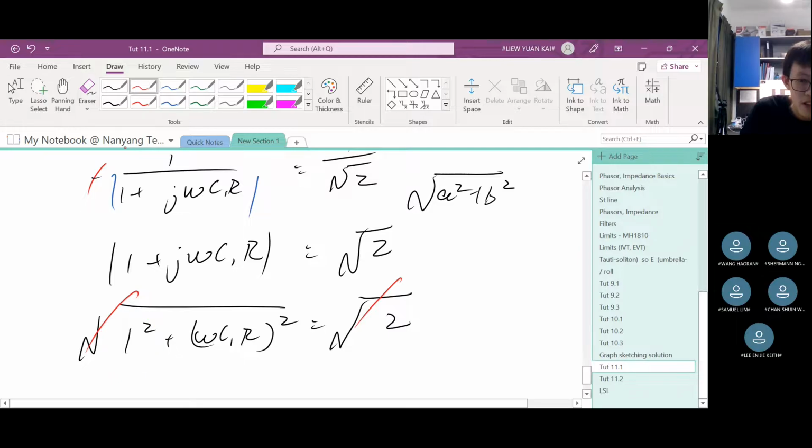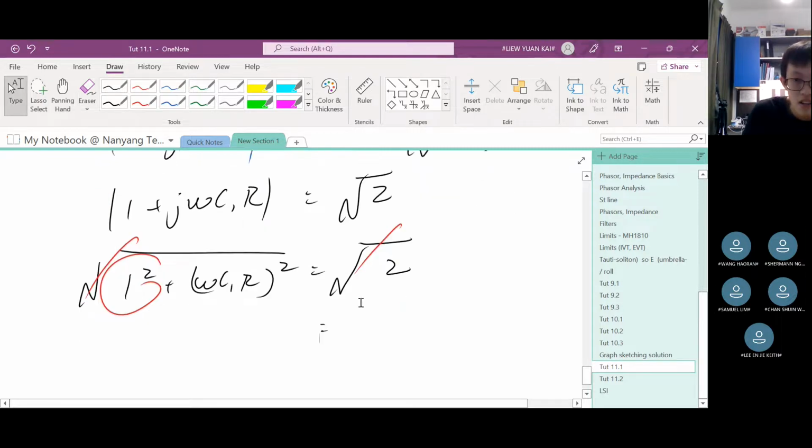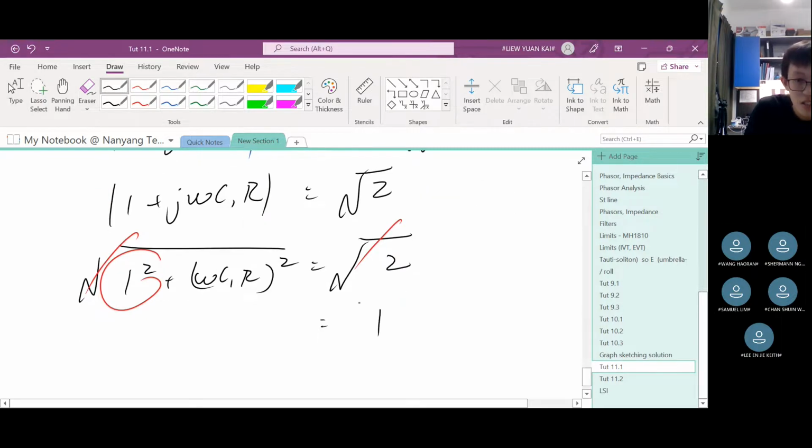This 1 squared becomes 1. 1 I move over becomes minus 1. So 2 minus 1 is 1. So it becomes like this. Okay, so square root both sides to get rid of the square. So this square can go away. Square root of 1 is just 1.